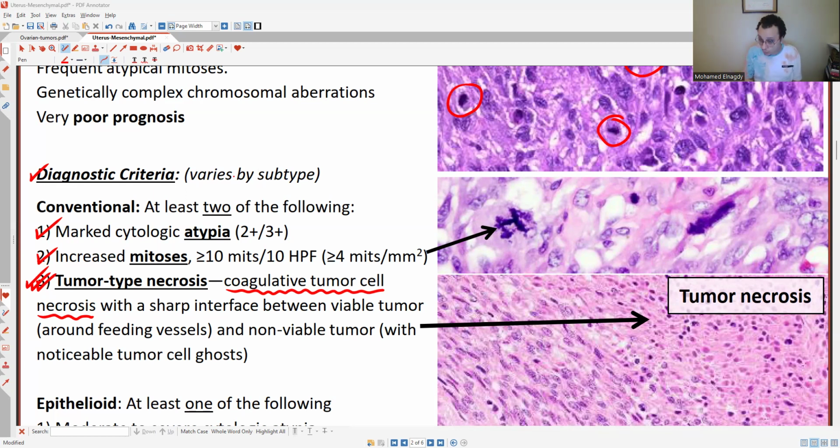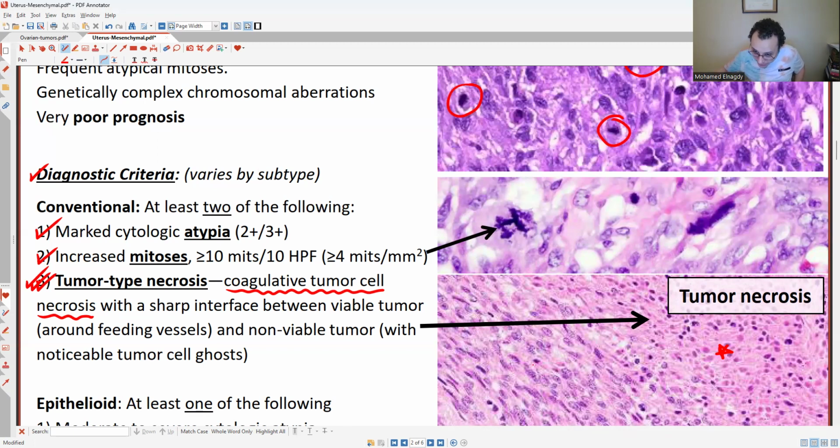It's like a cell ghost. See this area, how the cells are still there, but they are very light. You can still see that there was a cell there. That's the meaning of ghost cells or coagulative type tumor necrosis.